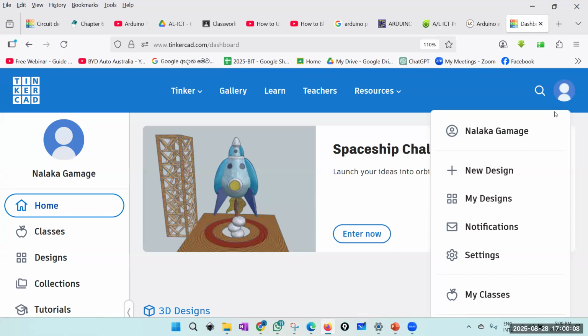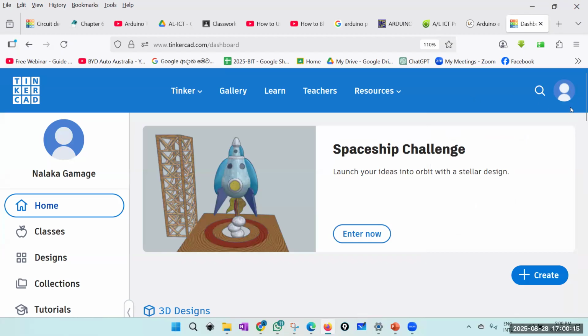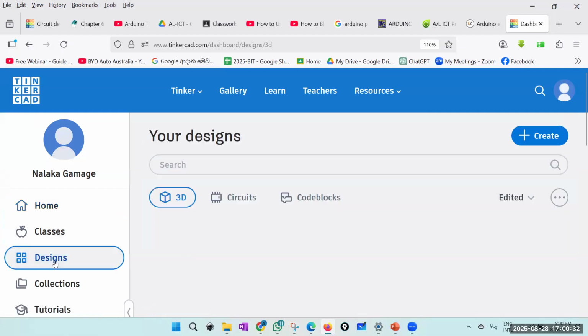Okay. Right. So once you do that, you log in to the system. If you are using your Gmail account, straight away you are done. Otherwise, you will get an email with a confirmation link. Right. So once you do that, Tinkercad is not only for circuits. It is for so many other types of designing activities as well, like 3D modeling and code blocks, which is how kids learn programming visually.